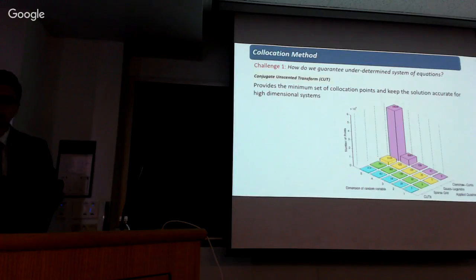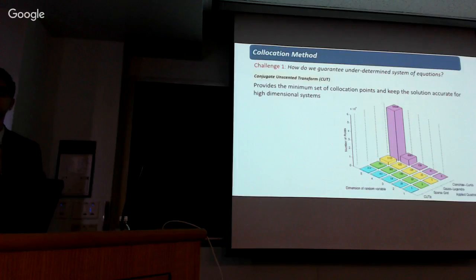As you can see in this picture, for example, for 5 dimensions, the Gauss-Legendre method will give you 3,000 points, but CUT will give you just 300, 10 times fewer than Gauss-Legendre points. And it's just for 5 dimensions.